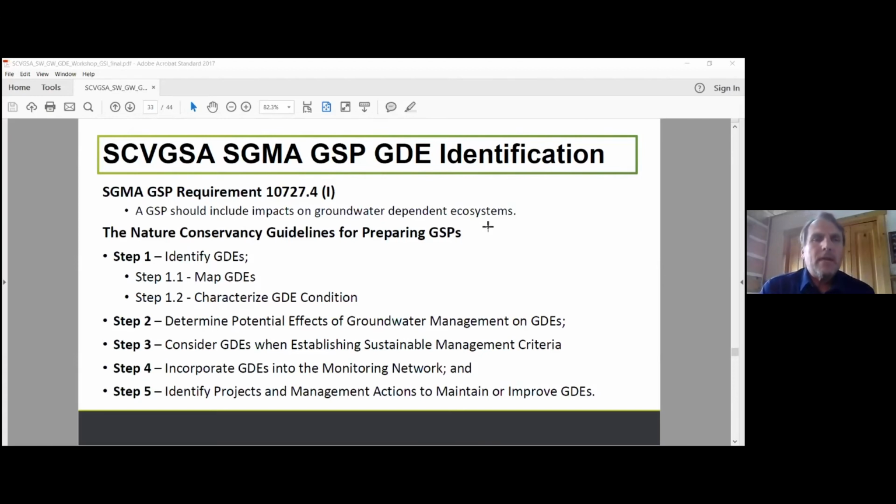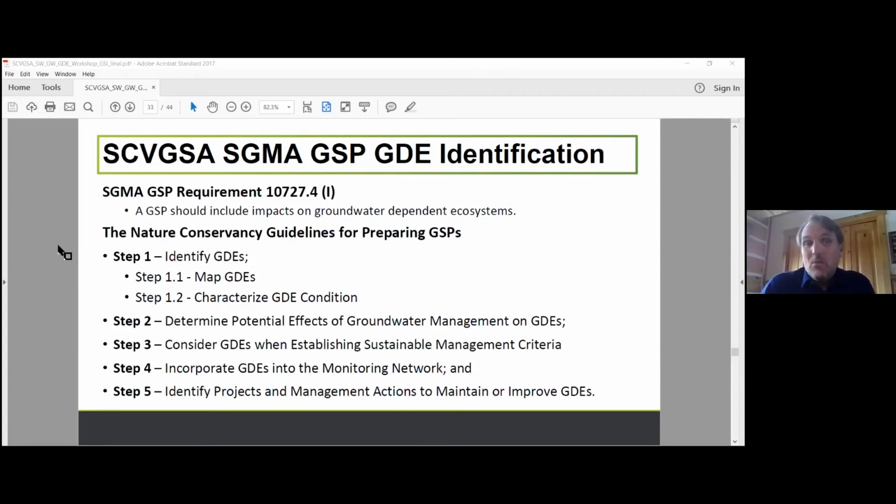The Nature Conservancy has taken upon itself to provide really excellent guidelines for preparing GSPs and for identifying GDEs in particular. Although the DWR requirements don't really get into the details, the Nature Conservancy does a great job of a roadmap approach.